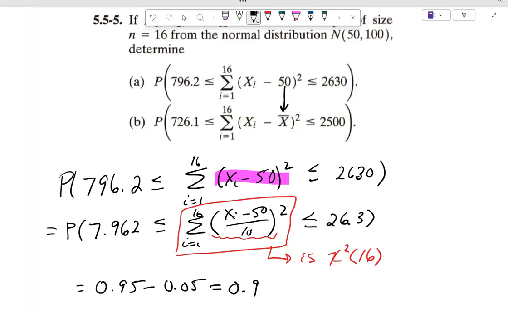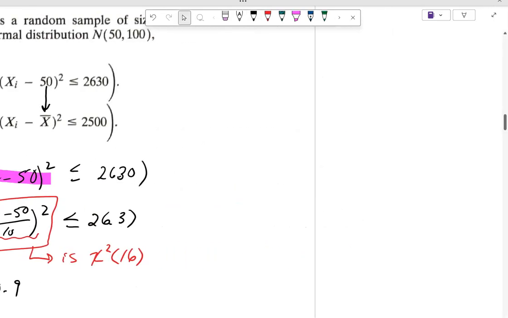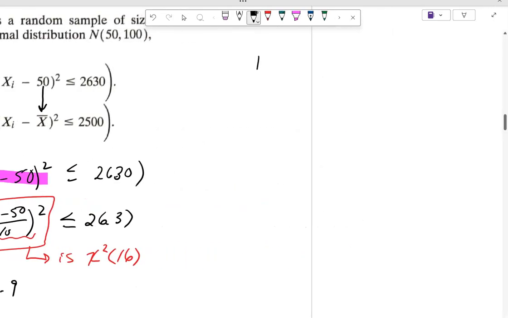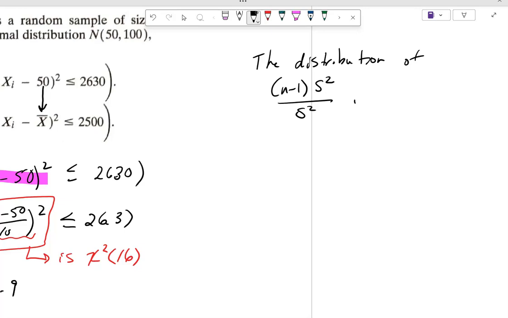So the idea is that n minus 1 times s squared over sigma squared is chi-squared of n minus 1.